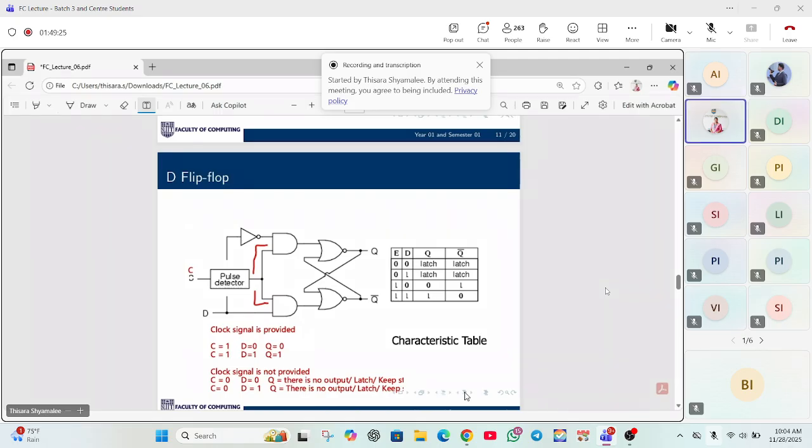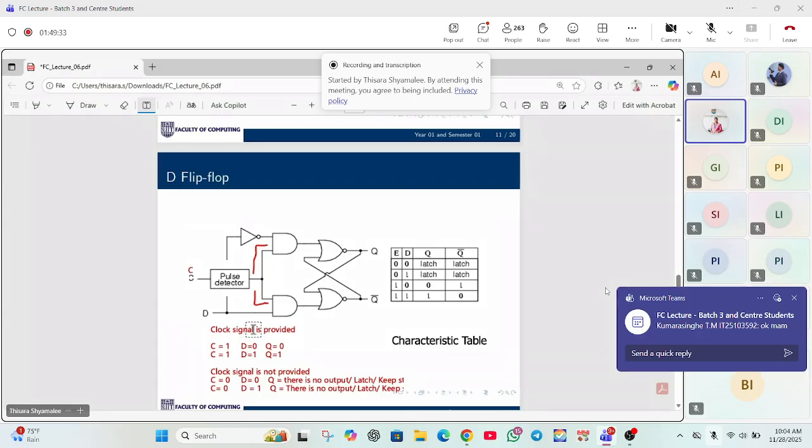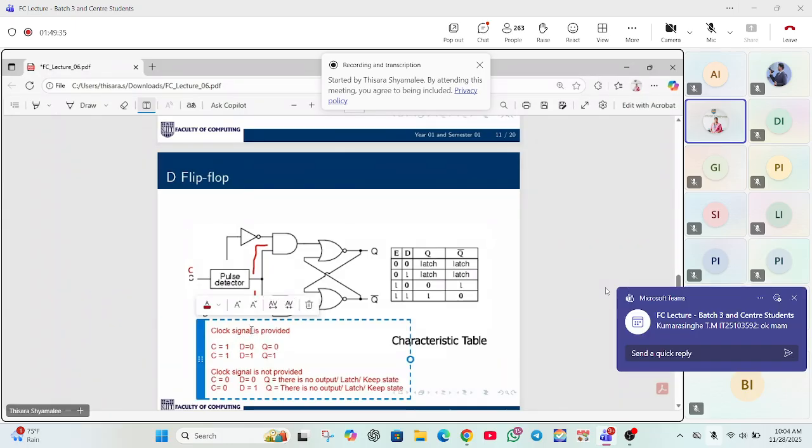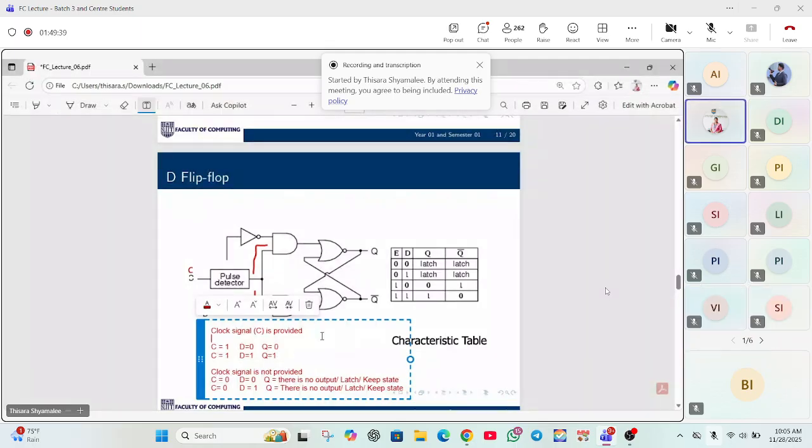So when the clock signal is provided, C means the clock signal. Here I put it like this. If C is provided, then for D equals 0, Q becomes 0, and for D equals 1, Q is 1.